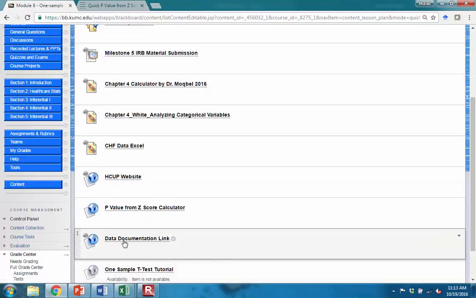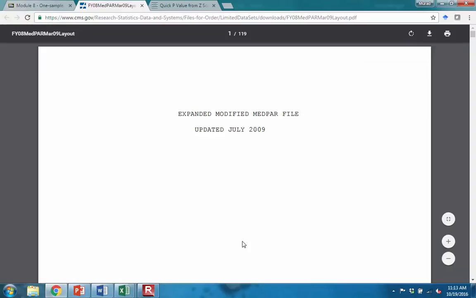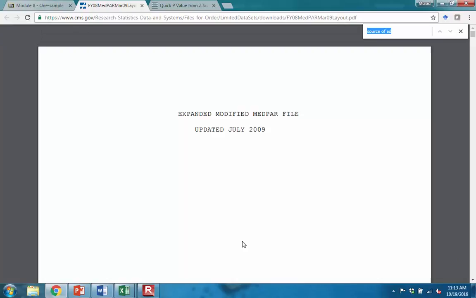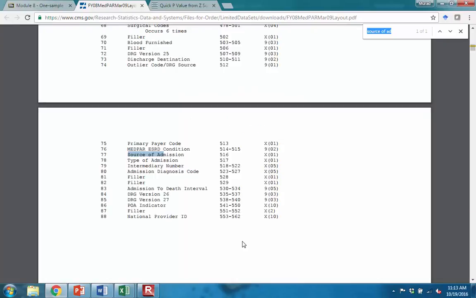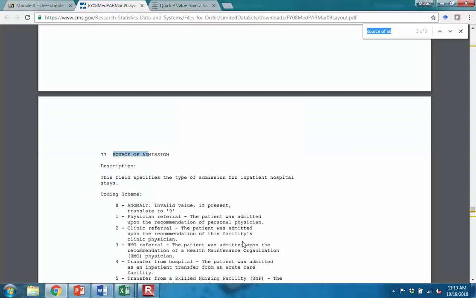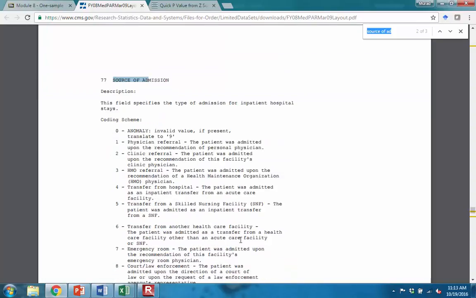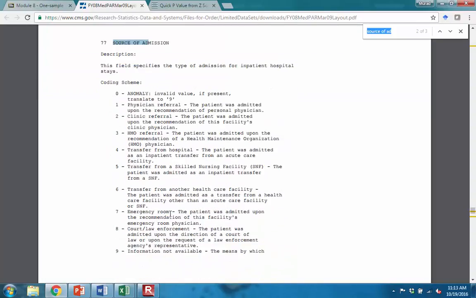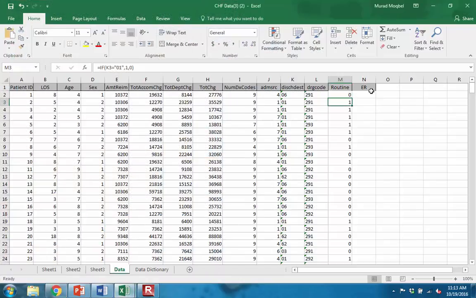For this, source of admission will be found at the data documentation link. Let's say that I don't remember what emergency room source of admission is, so I will just Control F and put source of admission, and here it is. Now I will see what is the source of admission that was emergency room. So code number 7. So in this case I will need to create a new column for emergency room as a binary variable.